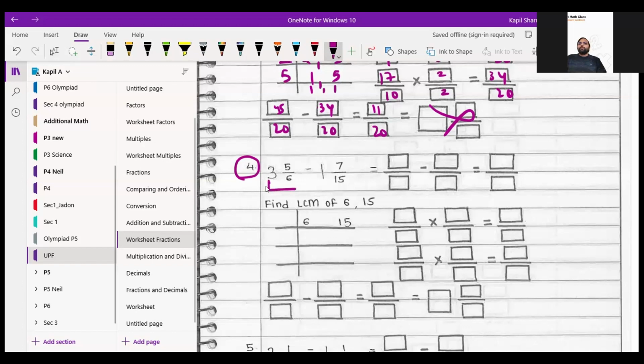Okay, so the first fraction can be written as 23 upon 6. The second one, 22 upon 15. Now we need to find the LCM of 6 and 15, which is 30.